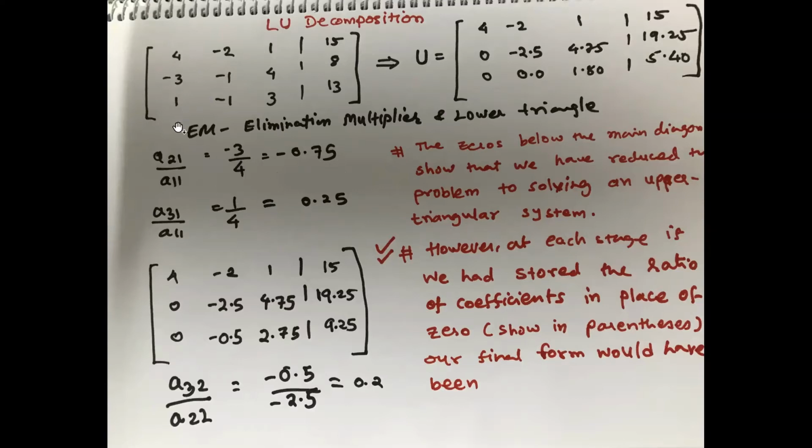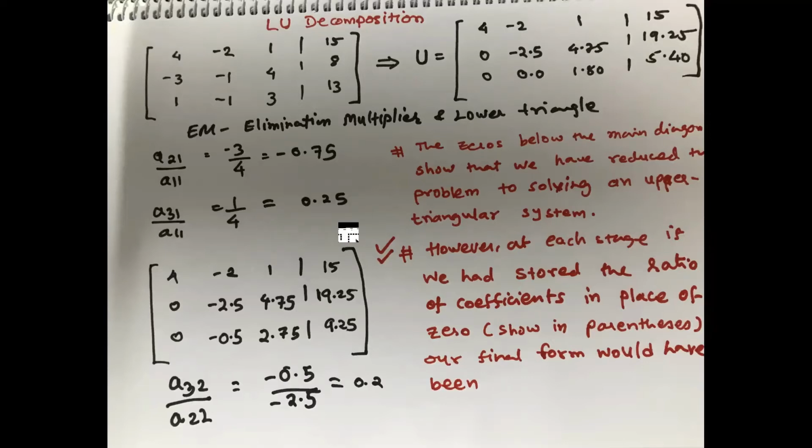Similarly, the second multiplier will be A31 by A11, which is 1 by 4, so it's 0.25.